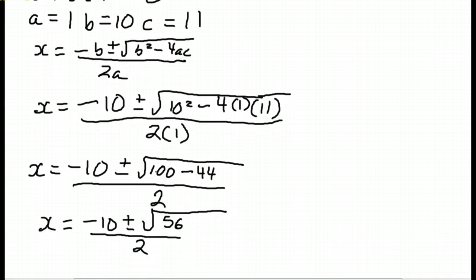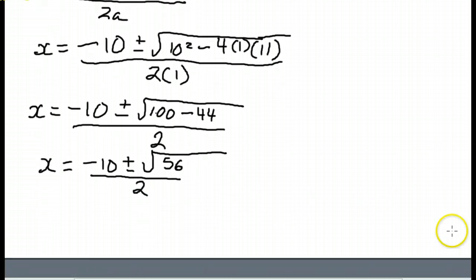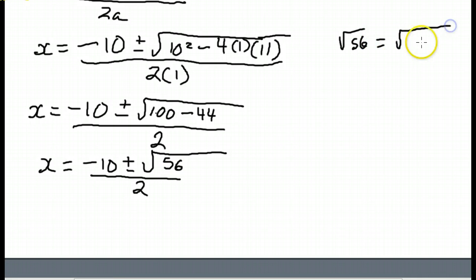Now, since 56 is at the least 4 times, so let's just move over here. Root 56 is the root of 4 times 14, which is root 4. What I'm looking for is a perfect square that goes into 56, right? 2 squared, 4.